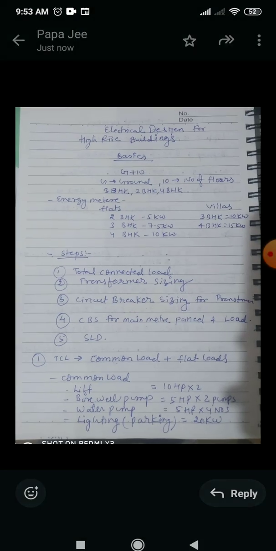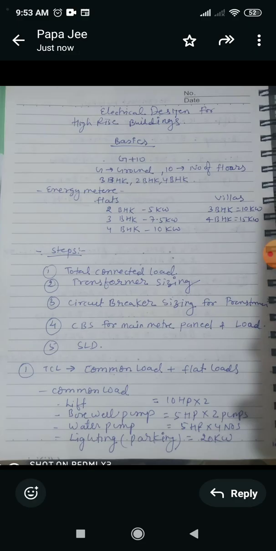How many lifts are there, how many borewell pumps, how many water pumps, and if we have parking, we take the parking. So four or five things are required for the common loads, and then finally we take the flats load separately and add them together, then we will get the total connected load. After getting the total connected load, we can select the transformer.